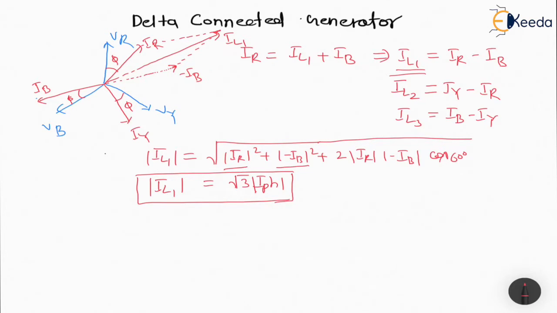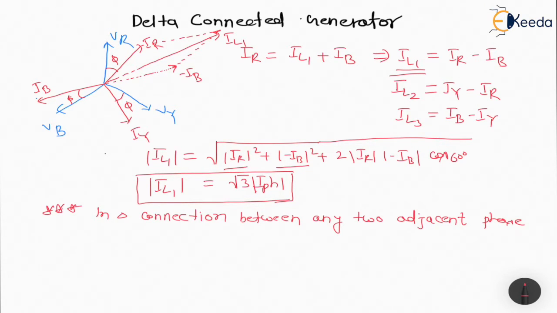So what we have observed, the important point basically in delta connection, is that between any two adjacent phase currents the angle will always be 60 degree.